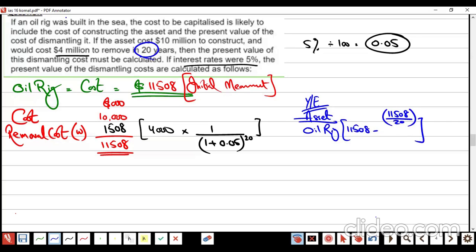The answer is the depreciation of the year, minus 575.40, 575 rounded.